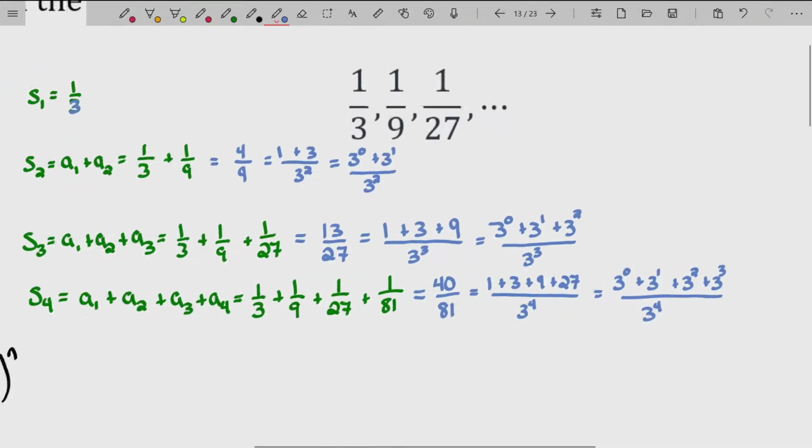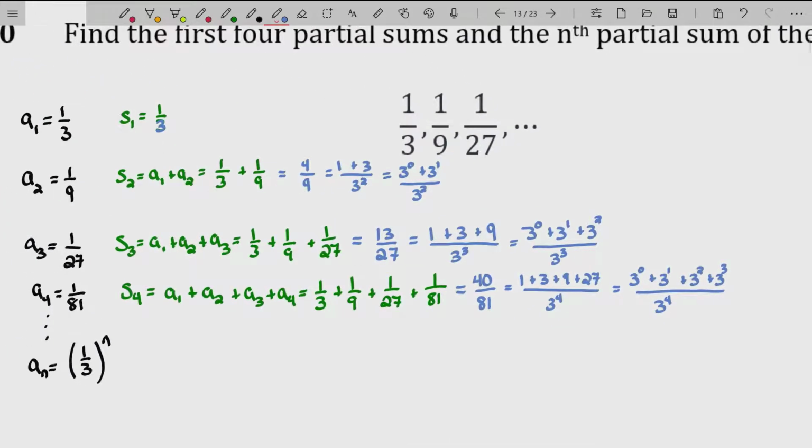And so you could possibly see the pattern. The nth partial sum should be 3 to the 0th plus 3 to the 1st, whoops, that's supposed to be a first, plus dot, dot, dot, all the way until you get to, now notice the indices here.